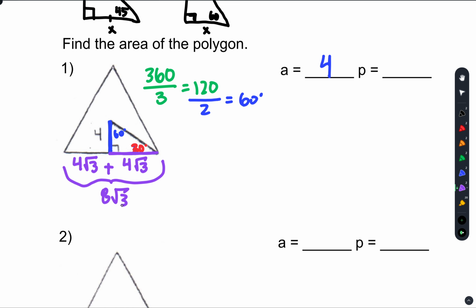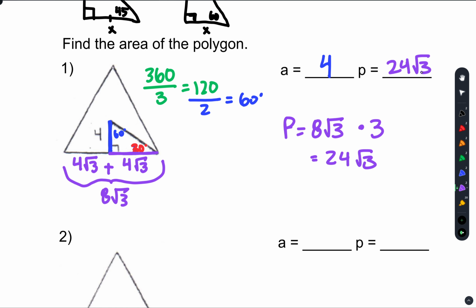Now that still is not my perimeter. My perimeter is I take the length of one base, and I'm going to multiply it by however many sides I have. In a triangle, that's 3 sides. So this is 24 radical 3 as my perimeter.